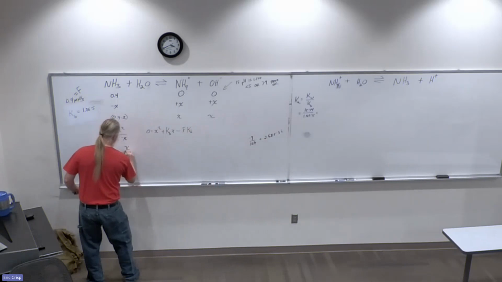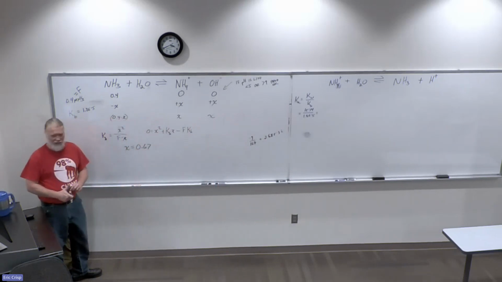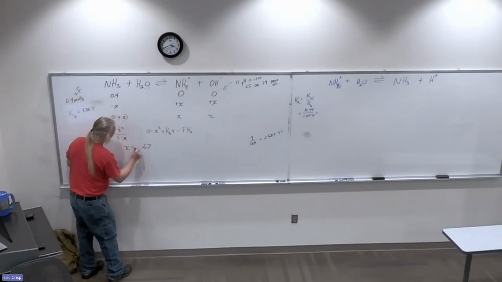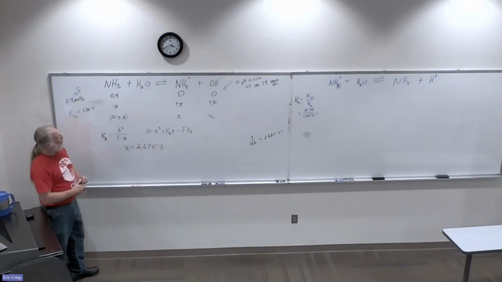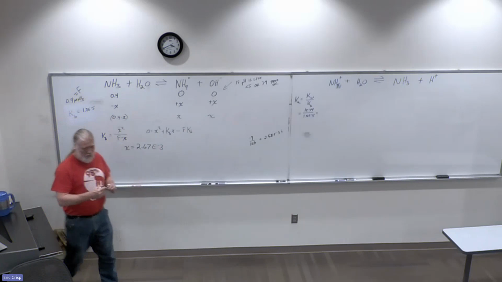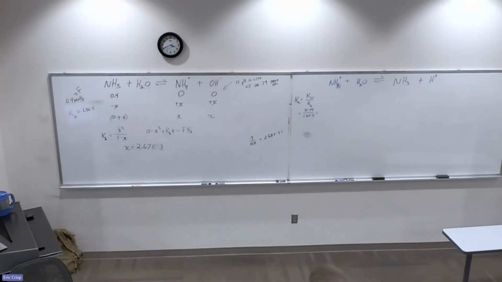So x equals 2.67 e -3. Okay, so here's where you've got to be careful, right? You solve for x. Don't just take the negative logarithm of that and tell me it's pH.